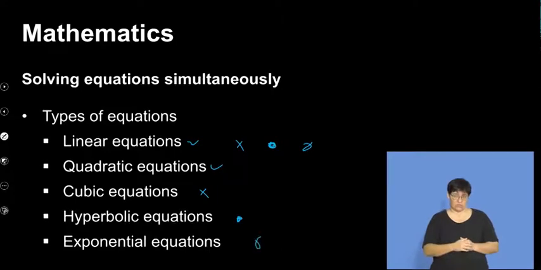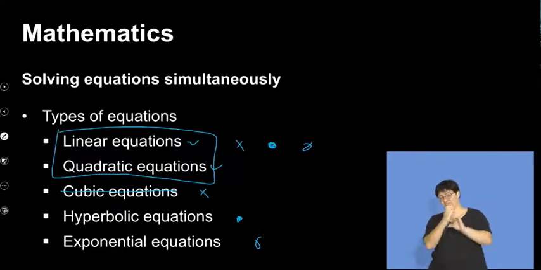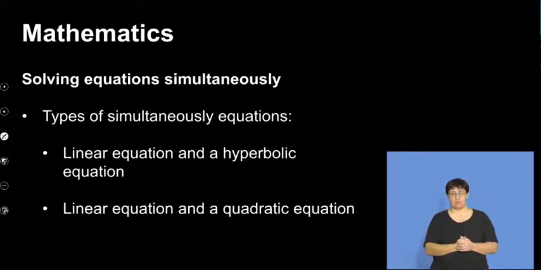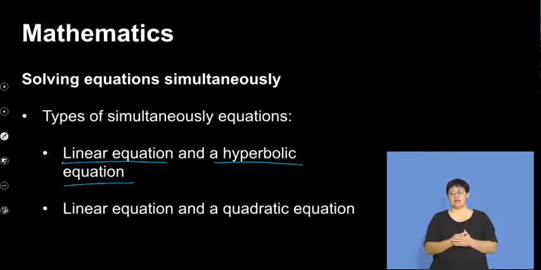So you can see that I'm pairing the linear with all of them. But remember I said the cubic we're not really going to look at. For now, we're going to look at the linear and the quadratic equation, right? So the types of simultaneous equations, as I said, we're going to focus on the linear and the hyperbolic, or at a later stage, we'll look at the linear and the quadratic.